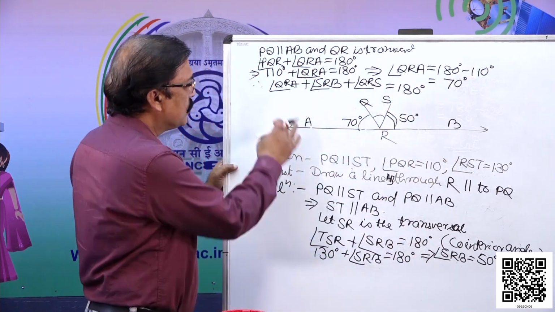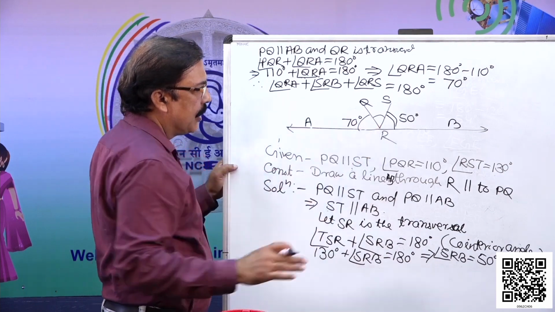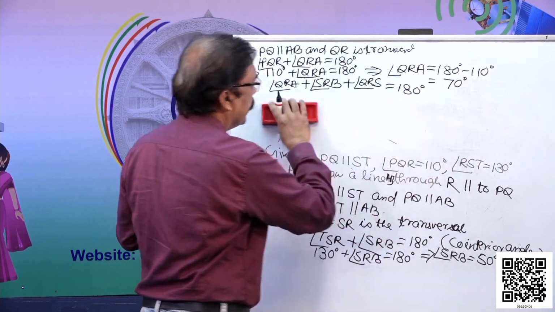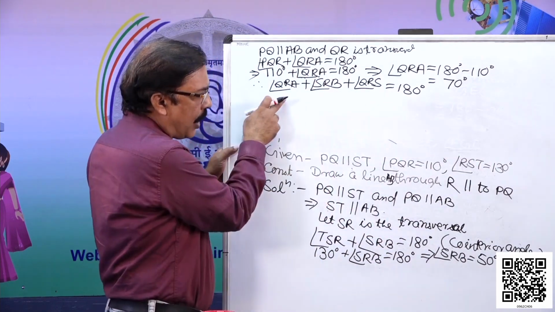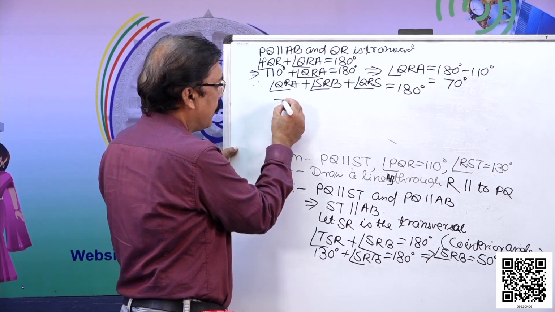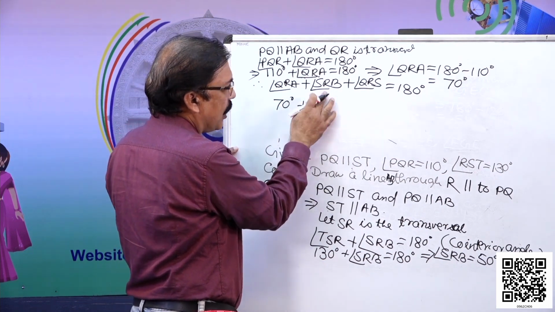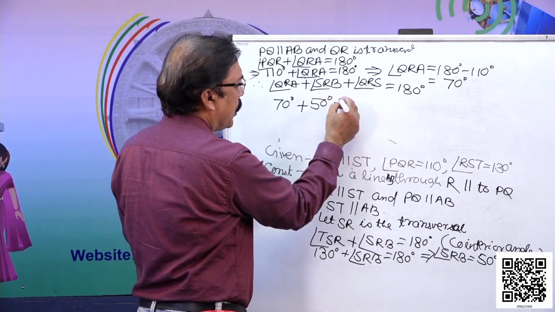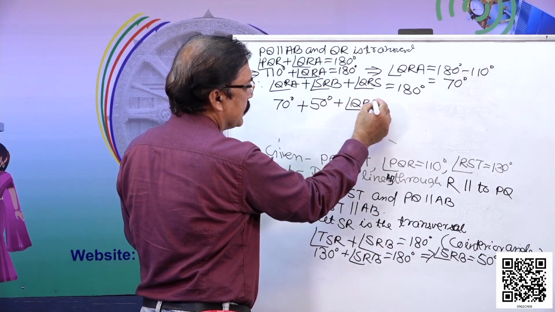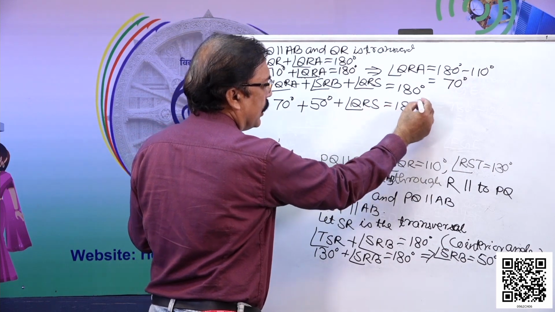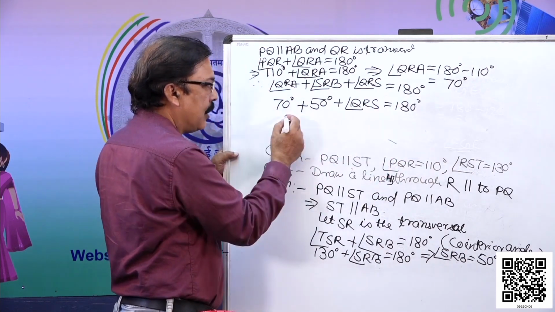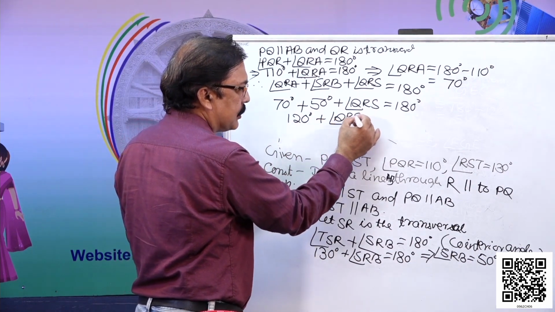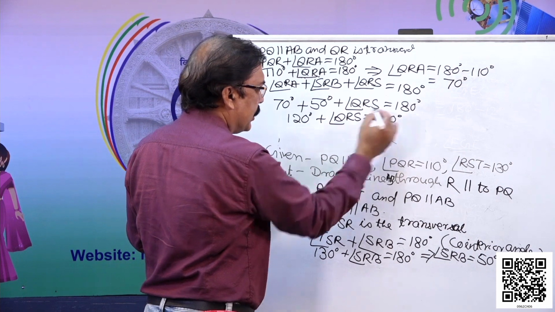Now put the values of QRA and SRB. Here QRA is equal to 70 degree and SRB is 50 degree plus QRS is equal to 180 degree. Now this is 120 degree plus angle QRS is equal to 180 degree.